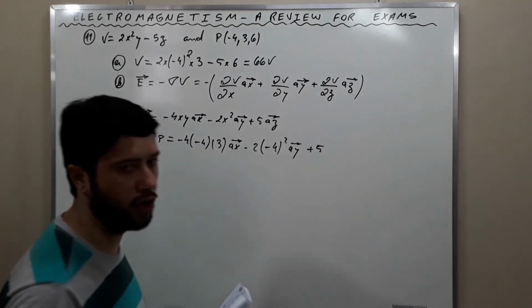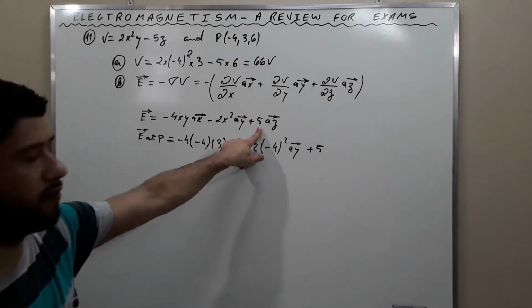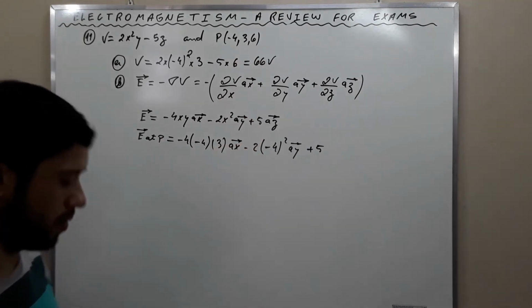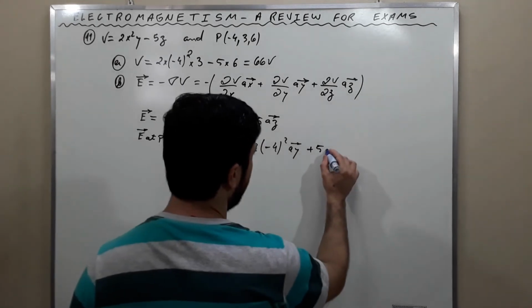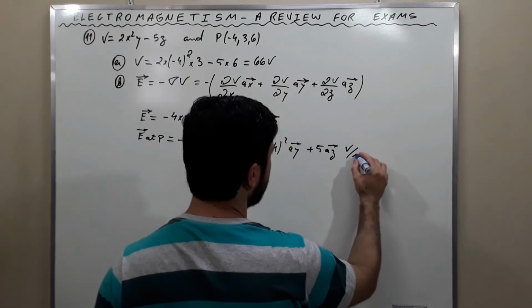We don't have an option here to apply this 6 because we don't have a variable here, only a number. So it's 5 az volts per meter.